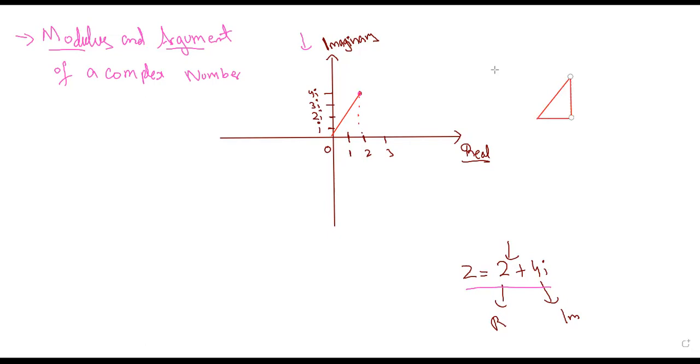So I want this distance, and this distance is basically the modulus. So this length is 4 iota, and this length is basically 2, right? Are you clear? Yes. Right?